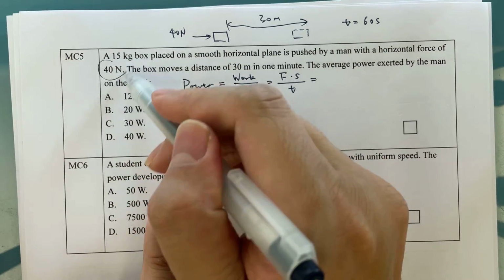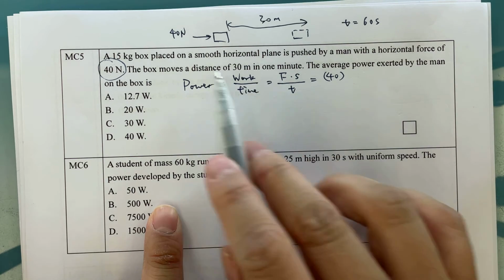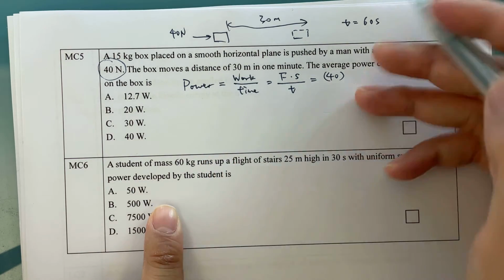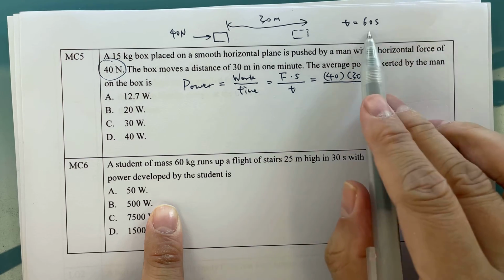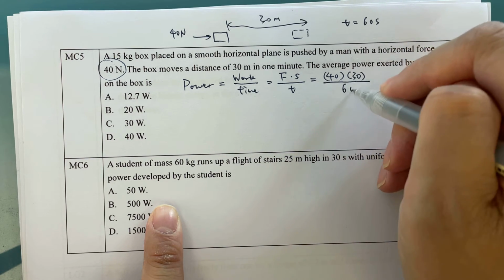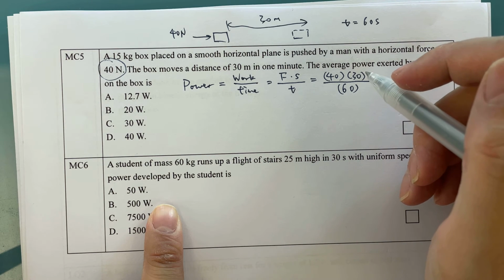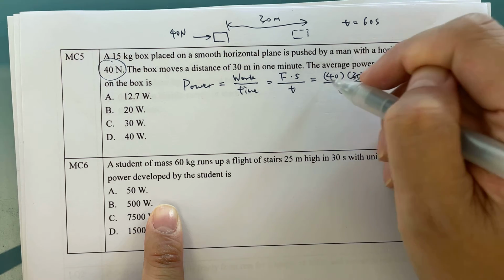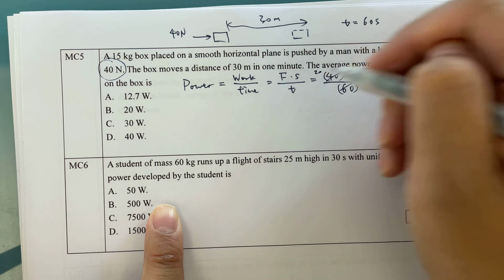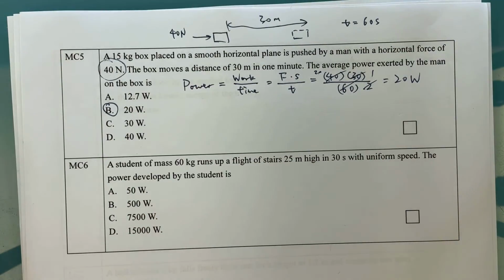This is the force we provide to the block, 40, and it travels for 30 meters. And then we divide by the time, 60. So that's what we have. You may use your calculator to find the answer. I may just do it directly, which is equal to 20 watts. So the answer is B for Boeing.